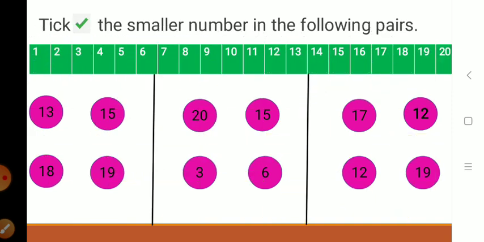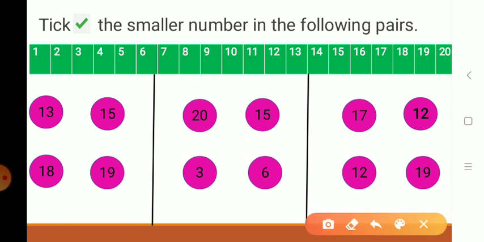Now student, here we are going to see an exercise regarding the smaller number. Take the smaller number in the following. For that we are going to use the number strip. Now see the first pair: 13 and 15. You have to find out where is the 13.